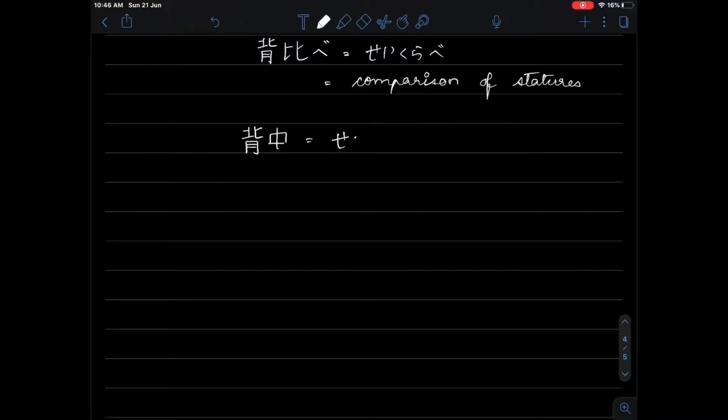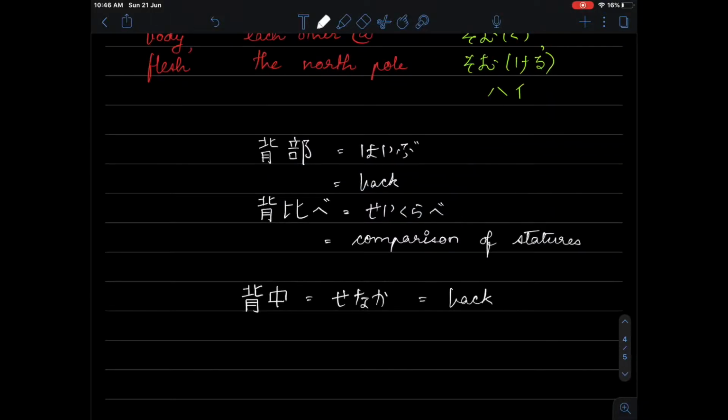This will be read as senaka. Again, this means back. Okay. If you want to think of how you'd like to distinguish between seibu and senaka, generally when you want to talk about your back, you will say senaka.